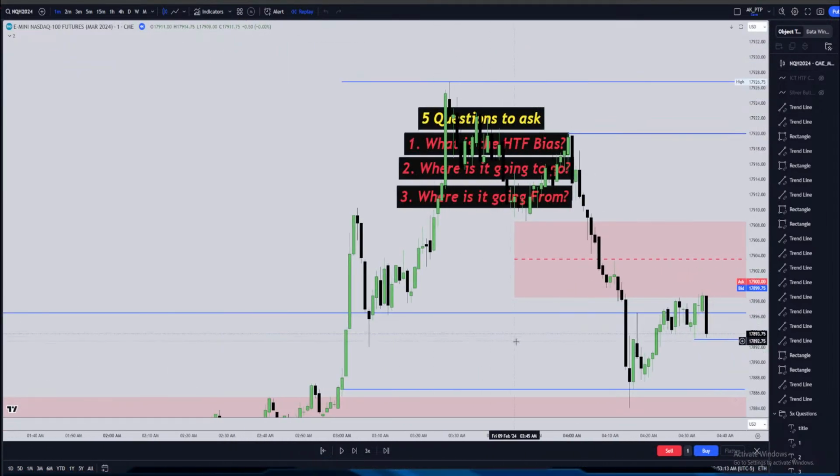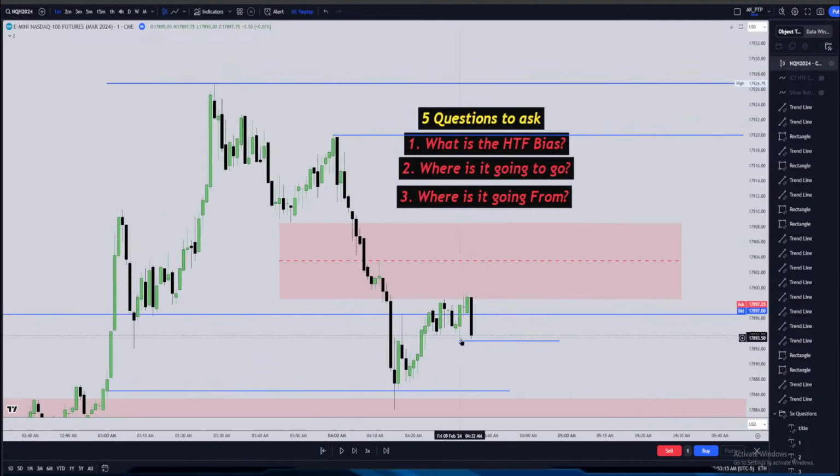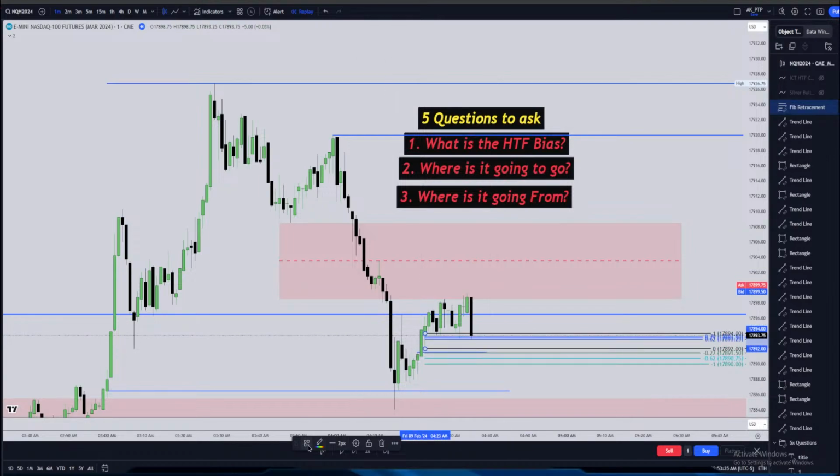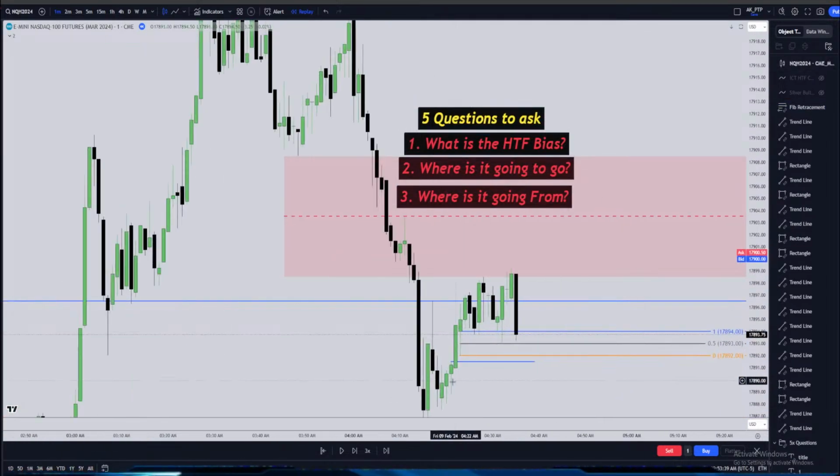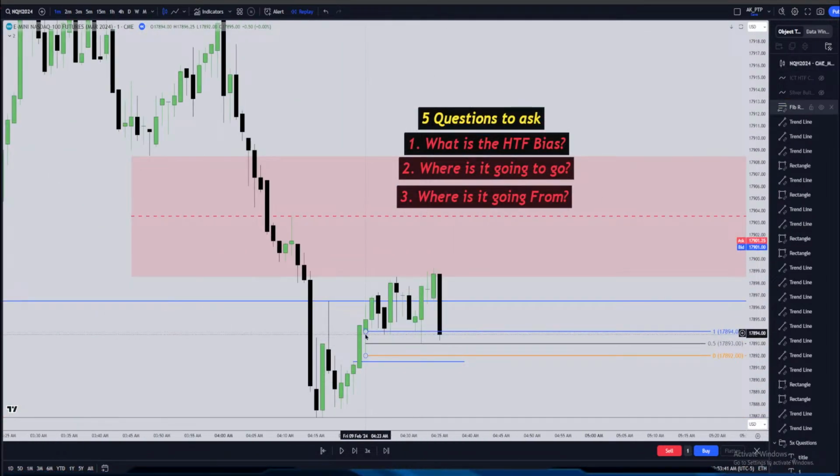Until this candle happened, this low, I was expecting to enter from this specific fair value. Now when market was here and again willing to go higher, I looked into where exactly it is going from. You see this candle's wick. Let me show you the middle point. Look at the tap, this candle's wick.